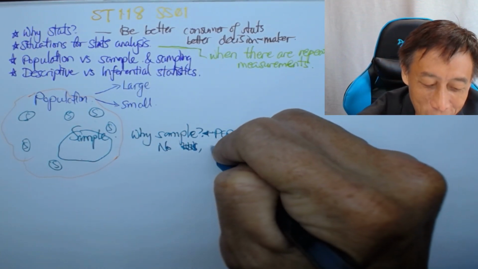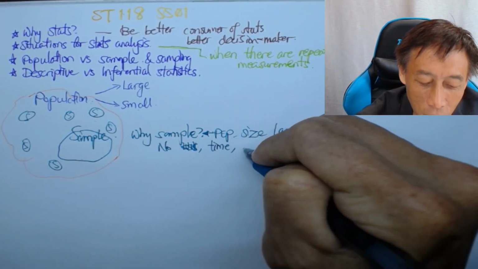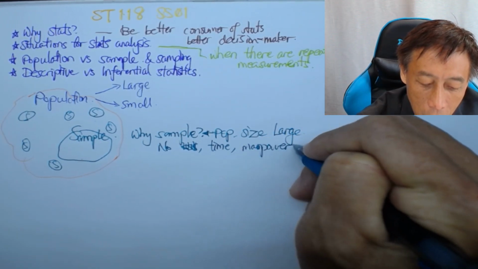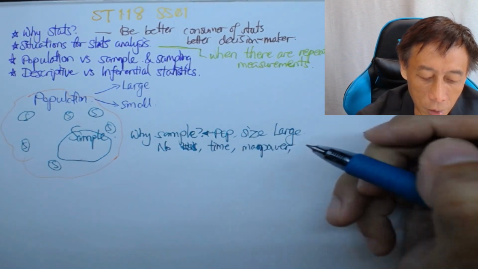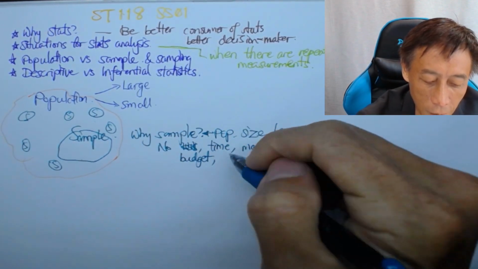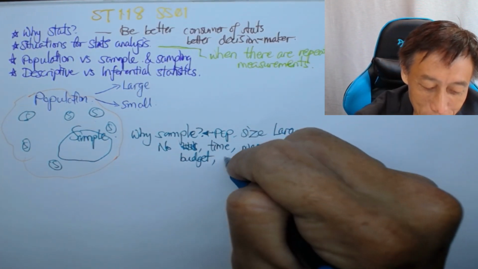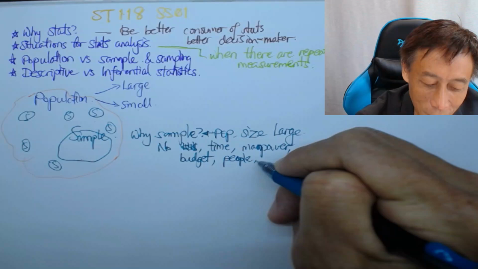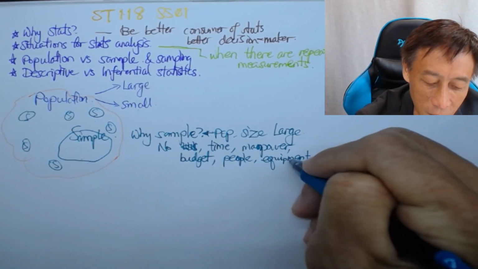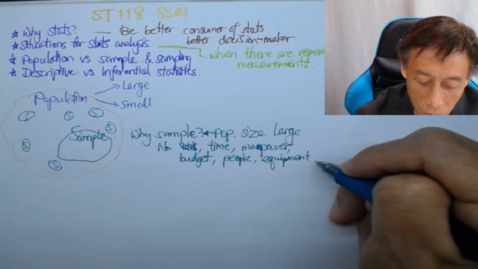No time, not enough manpower, not enough budget, which is money, not enough people, not enough equipment, because if you need sensors or instruments to measure, then you need equipment.